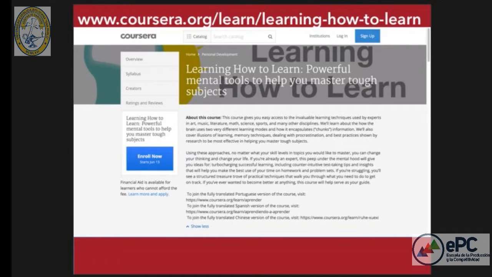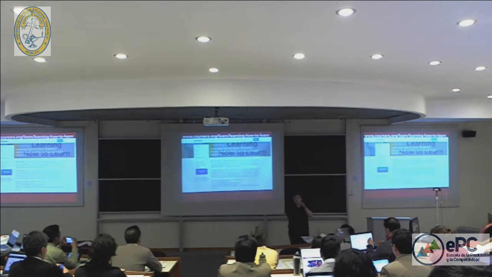One of the questions I received yesterday was, how do I learn more? Can I take a MOOC and learn a lot more than what you were telling me today and yesterday? This professor, Professor Barbara Oakley, comes from UC San Diego, and it is the most popular course on the Coursera platform.